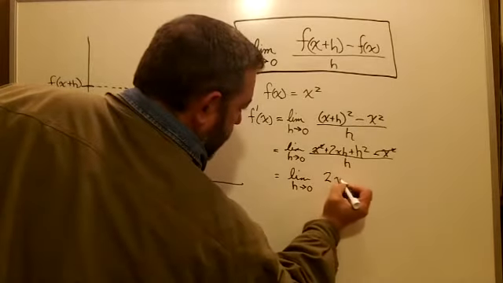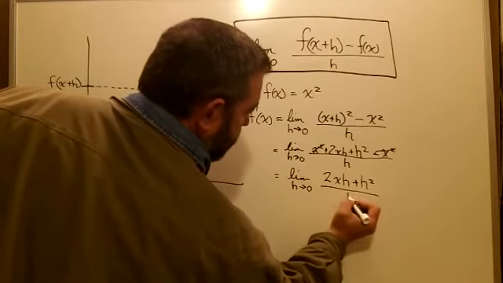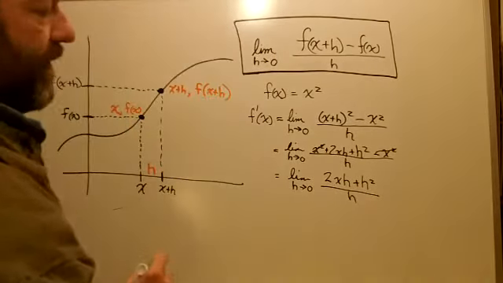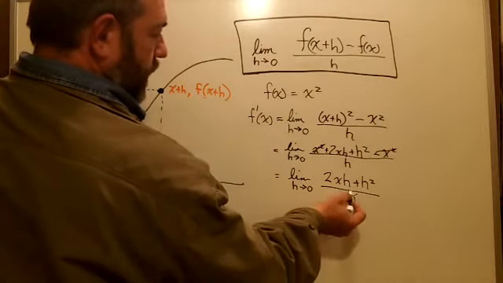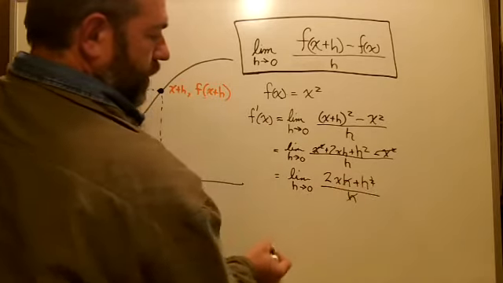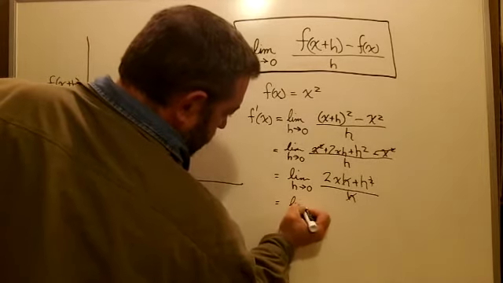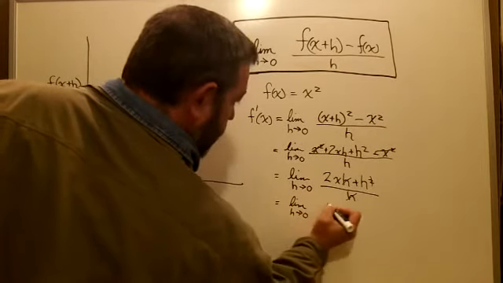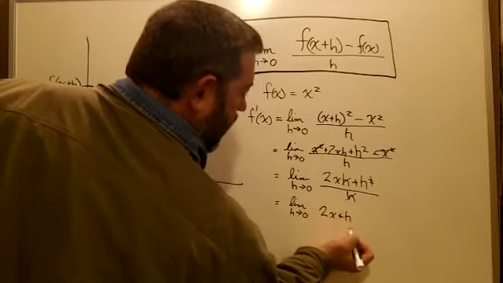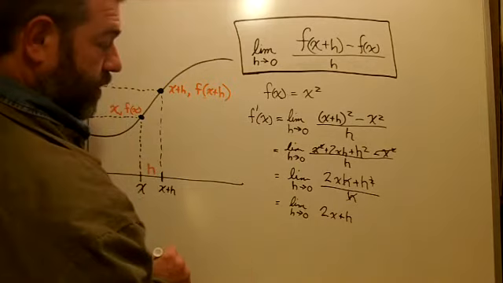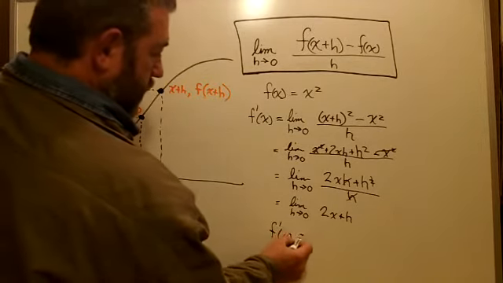We're left with 2xh plus h squared over h. Got a common factor here of h, so we can cancel that out. We get rid of it here, here, and there's two h's here. Get rid of one of those. So we have the limit as h approaches 0 of 2x plus h. And when h goes to 0, we find that the first derivative is in fact equal to 2x.